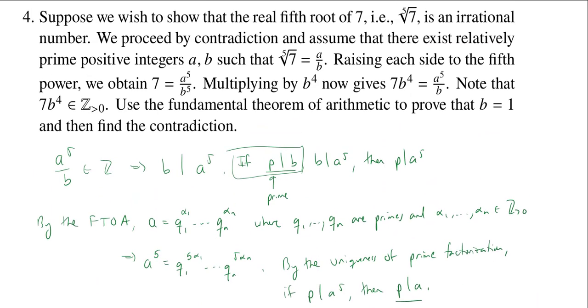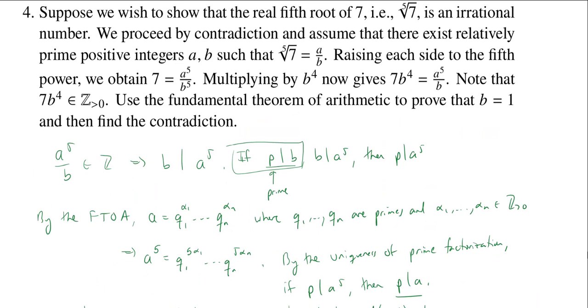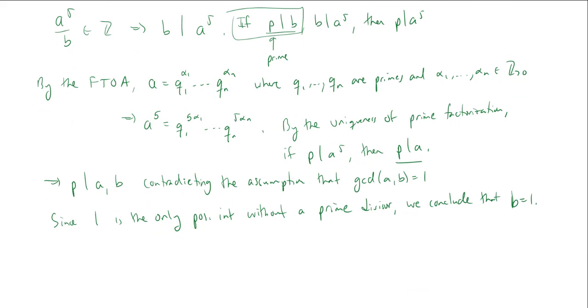Now let's go back up to the problem. If b is equal to 1, then we can simplify this expression quite a bit. You're just going to get 7 equals a to the 5th.